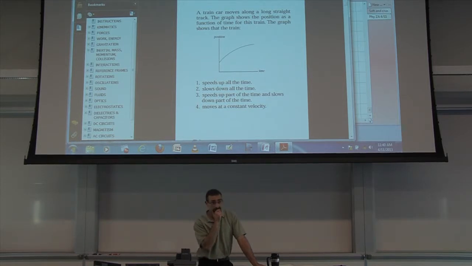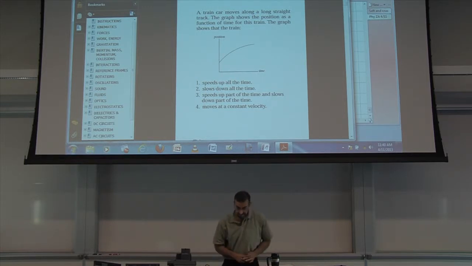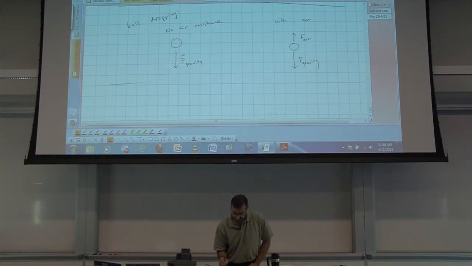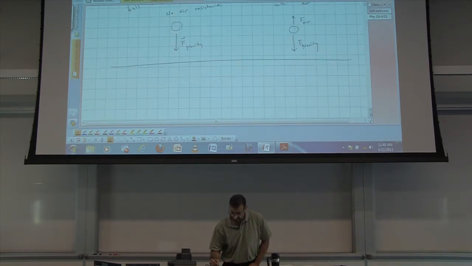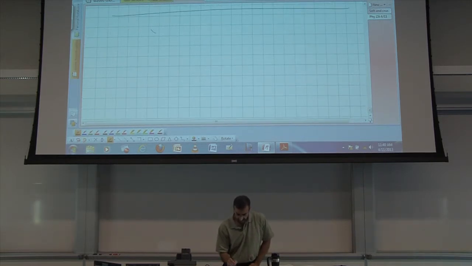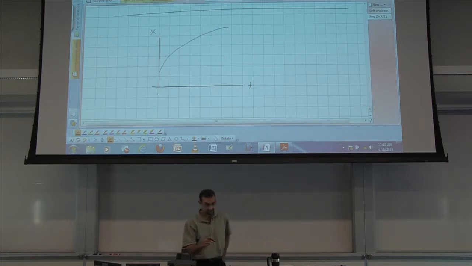I think it's slowing down the entire time, because the distance traveled versus time shows it's going less and less. Technically the slope is the highest at the y-axis, and then after that it slows down because the slope decreases. Looks like this, right? Yeah. Okay.